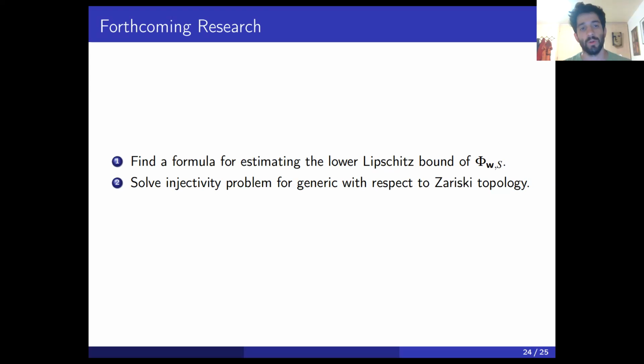And another future problem is to solve the injectivity problem, but for generic vectors, generic windows with respect to Zariski topology, because all our results and also the other results I know state, for example, that 2D generic windows with respect to Lebesgue measure solve the injectivity problem, but we suspect that probably also 2D generic vectors with respect to Zariski topology solve the injectivity problem.